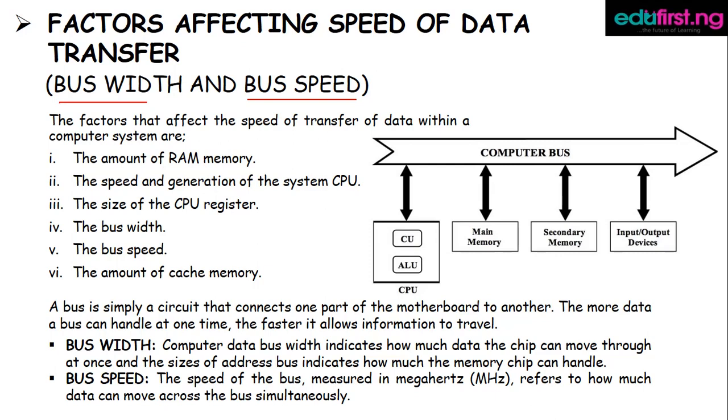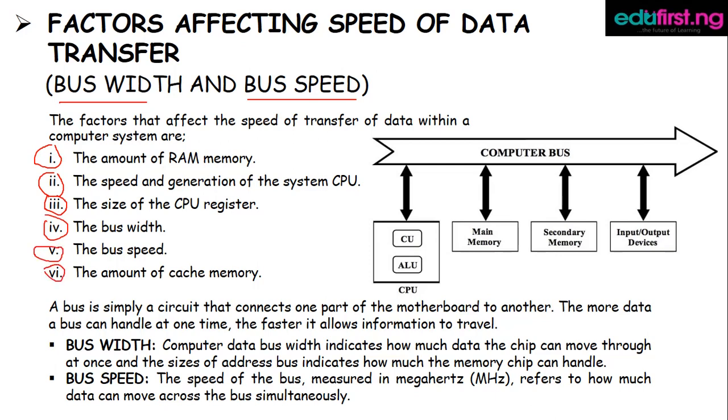The factors that affect the speed of data transfer within the computer system are the amount of main memory, that's the RAM, the speed and generation of the system CPU, that's the year it was manufactured, the size of the CPU register, the bus width, the bus speed, and the amount of cache memory.